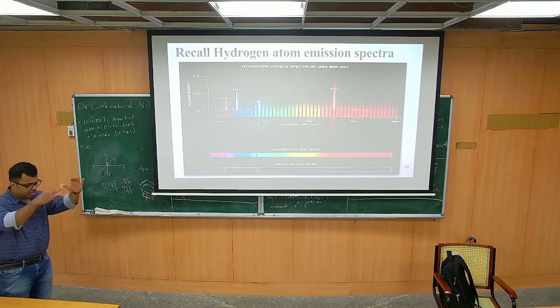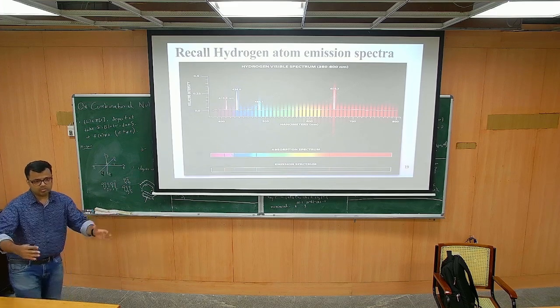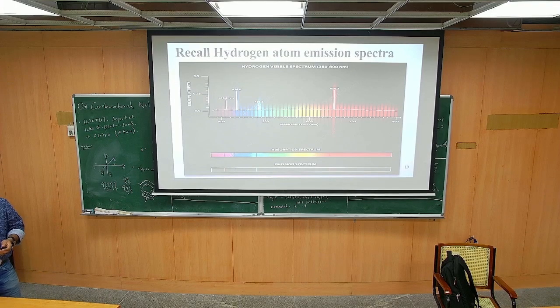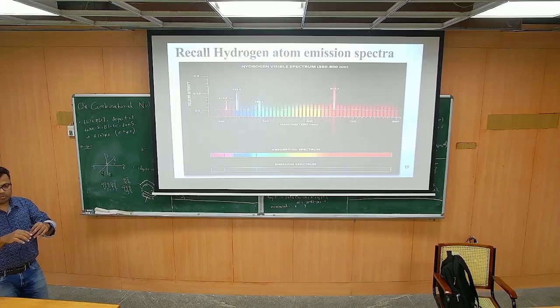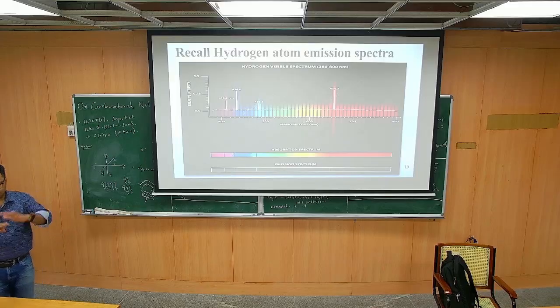What you do is you take a box of hydrogen gas, put white light into it, and try to see what spectral lines are either absorbed or emitted. Okay. When you pass the white light through the hydrogen gas, on the other side, you check which spectral lines are absorbed by looking at the dark features.